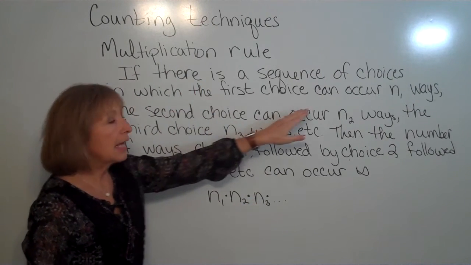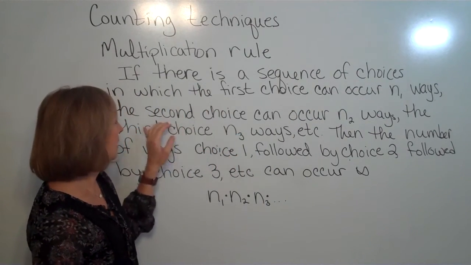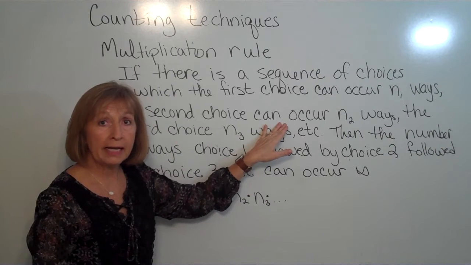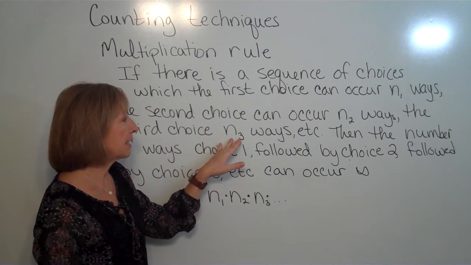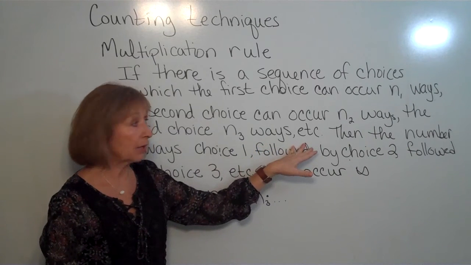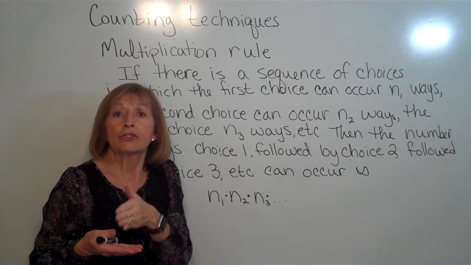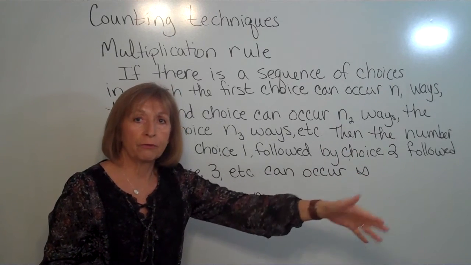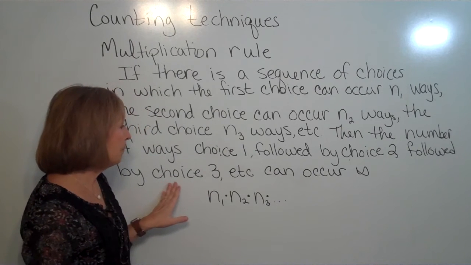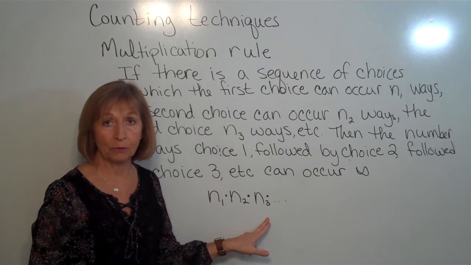If there are n sub 1 ways the first choice can be made, n sub 2 ways the second choice can be made, n sub 3 ways the third choice, etc., then the number of ways that you can take choice 1 followed by choice 2 followed by choice 3 followed by choice 4, etc., will be n sub 1 times n sub 2 times n sub 3.